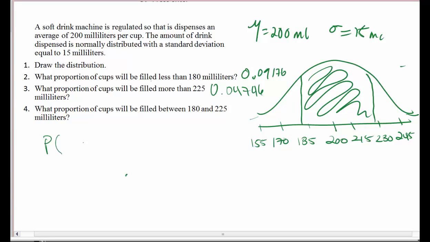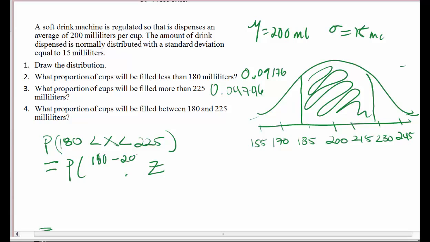So the probability that X is between 180 and 225 milliliters is equal to the probability that our Z is in between 180 minus 200 all over the standard deviation of 15 and is less than 225 minus 200 over 15.